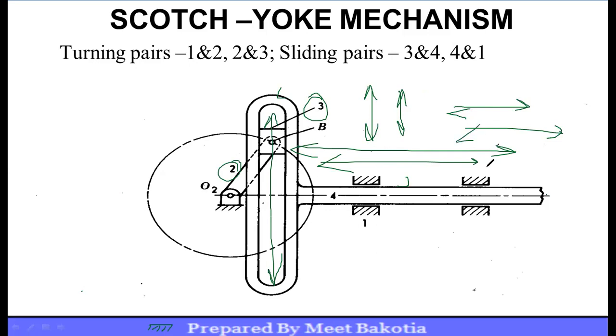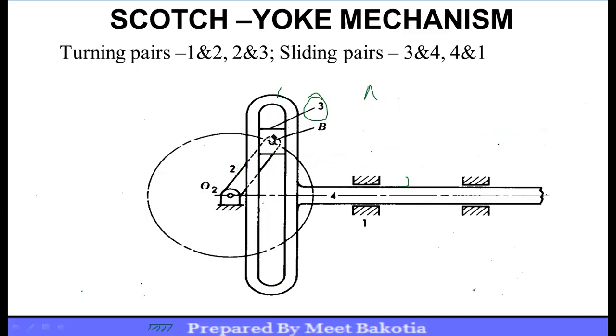So this inversion is called the Scotch yoke mechanism.